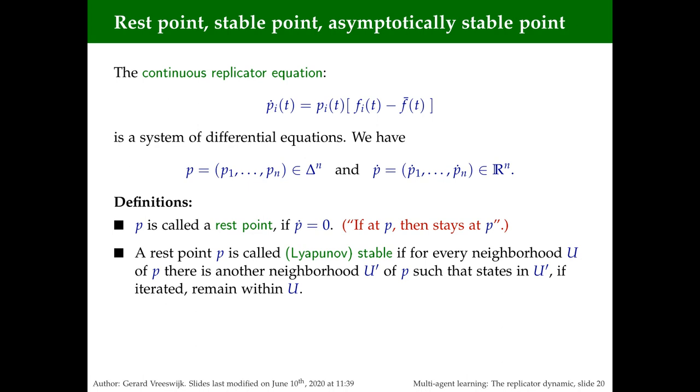If a state is close to P, then it always stays close to P. If that happens, then we call it Lyapunov stable.